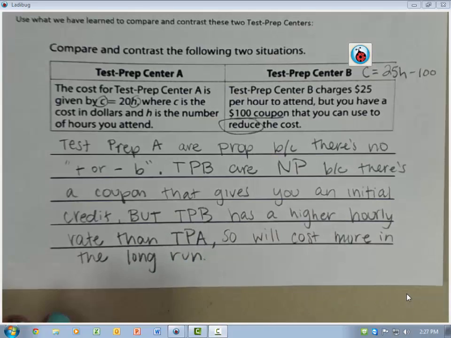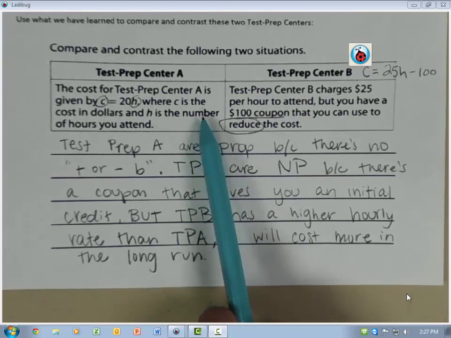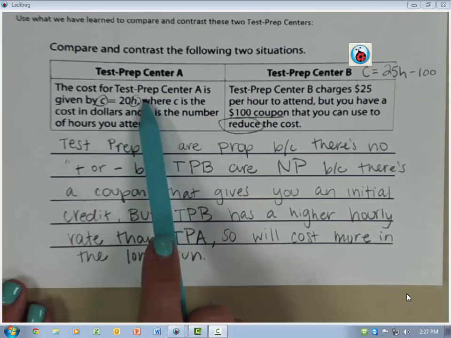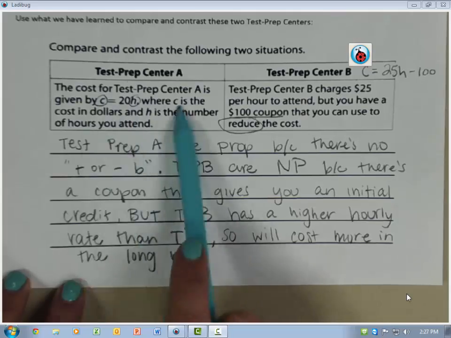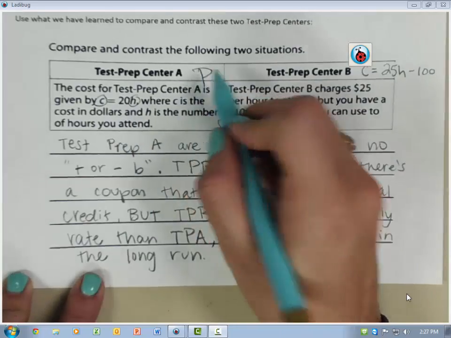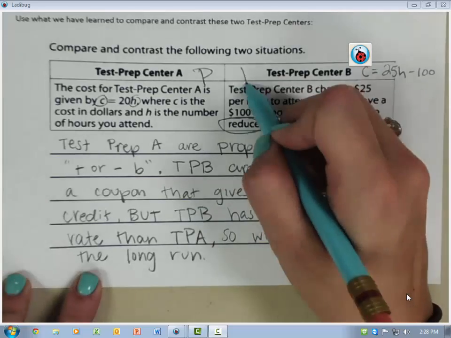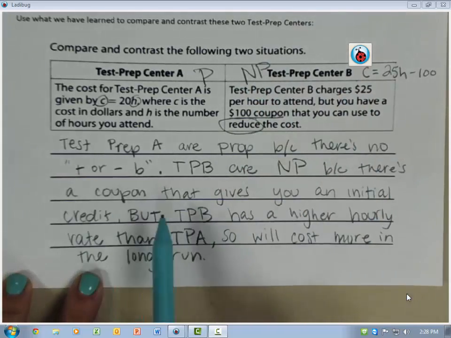Now, I want you to go back and read that to yourself a few times. We're going to read it together real fast. Test Prep Center A is proportional because there's no plus or minus B, so this is a proportional relationship. Test Prep Center B is non-proportional because there's a coupon that gives you an initial credit.